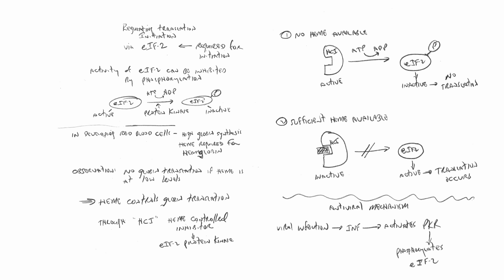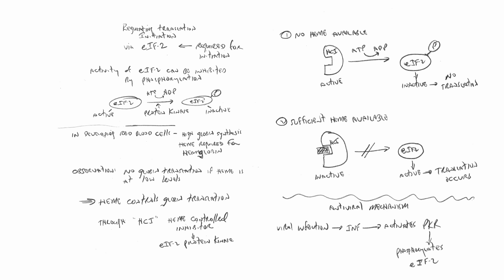The cell gets infected by the virus, it turns on interferon. Interferon is a protein that activates a kinase which is called PKR. PKR is a protein kinase which has one target, and that target is EIF2.